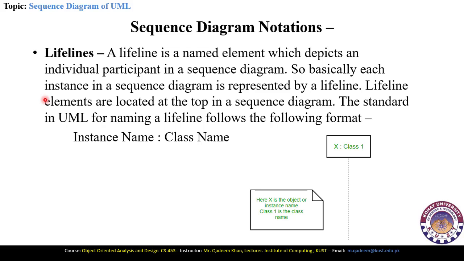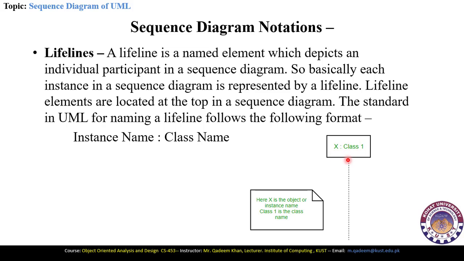Lifelines are located at the top of the sequence diagram. The standard UML lifeline follows this format: instance name and class name. Here Class 1 is in effect the class name, and X is the object, and that is the lifeline.